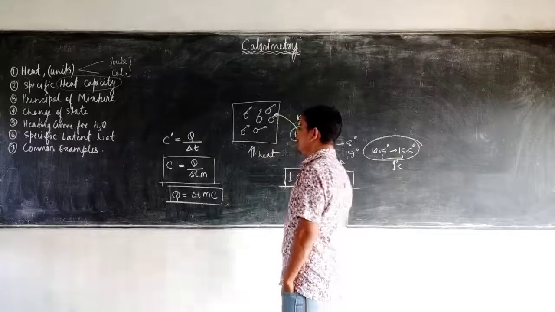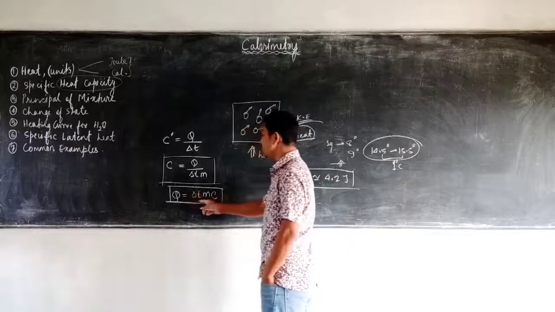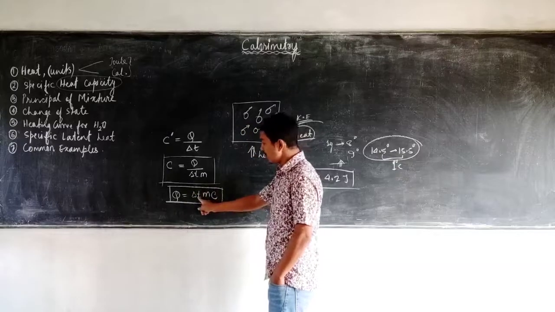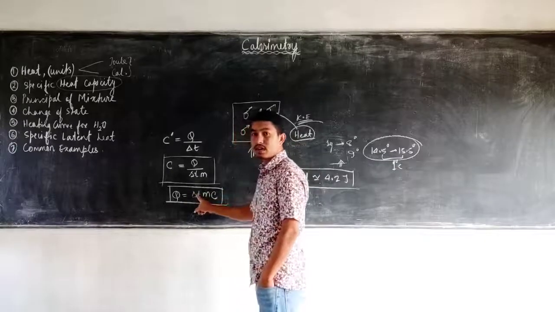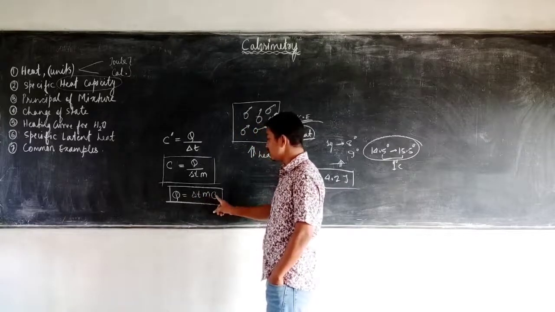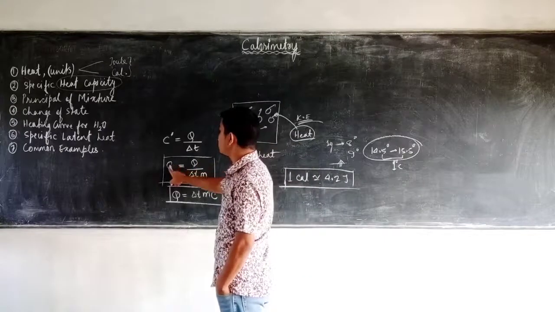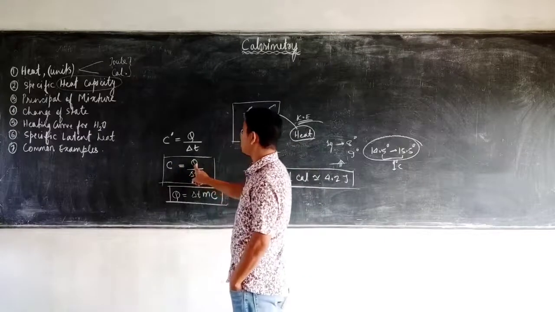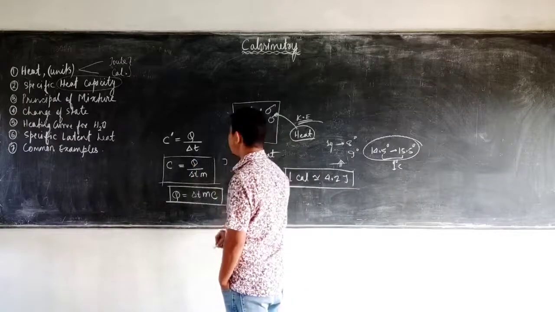Now coming to the unit of specific heat capacity, we can easily derive it from this formula. What is the unit of temperature? The temperature is in degree centigrade or Kelvin. Mass is taken in kg. What is the SI unit of heat? It is joule, or you can take calorie also.